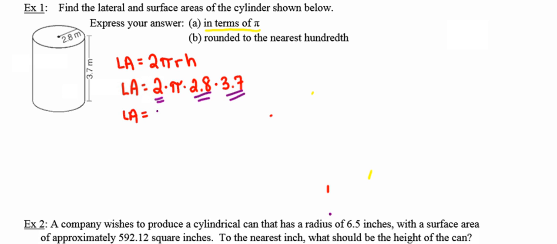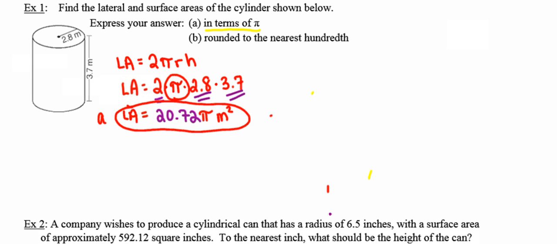When I do that, my calculator tells me 20.72. But I still haven't multiplied times the pi yet. I still have a pi in my answer. Area is always measured in squared units, so I can either say squared meters or meters squared. So there's part A, my lateral area in terms of pi.